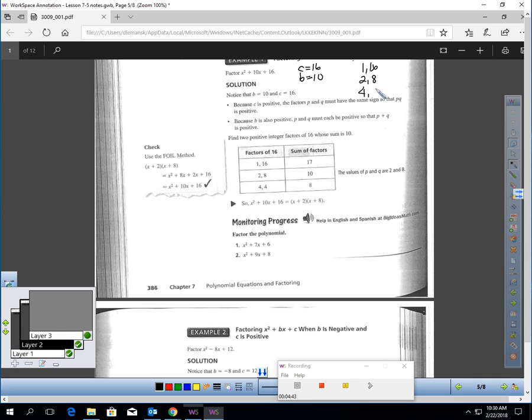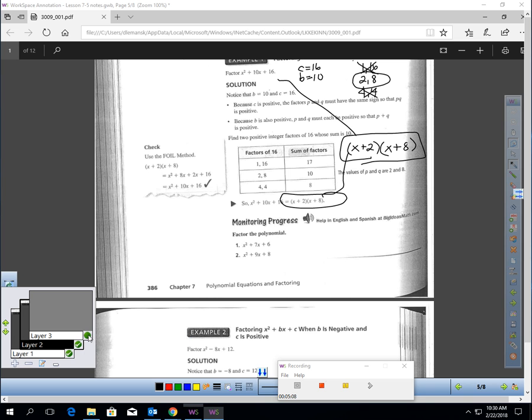So does 4 times 4. Let's see which of these add up to 10. 1 plus 16 isn't 10. Oh, 2 plus 8 would give me 10. 4 plus 4 is not 10. So there's my factors, 2 and 8. So the correct factoring for this would be x plus 2 times x plus 8. That is the correct factoring for this sample, and you can see that here.